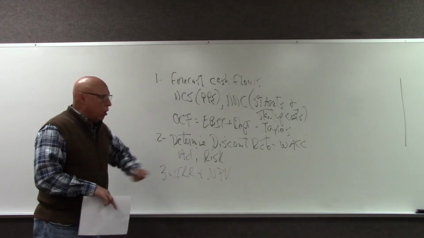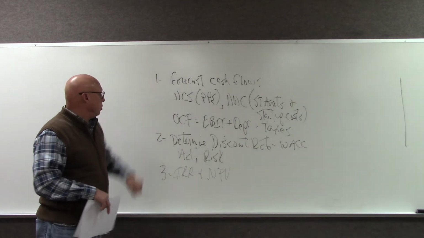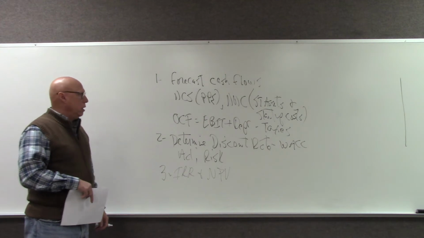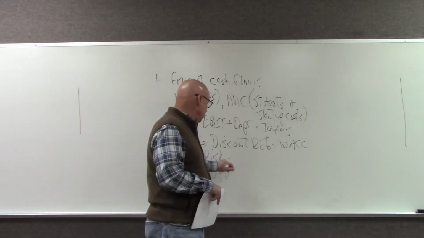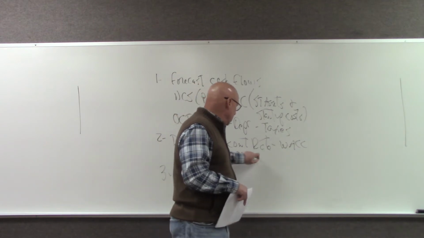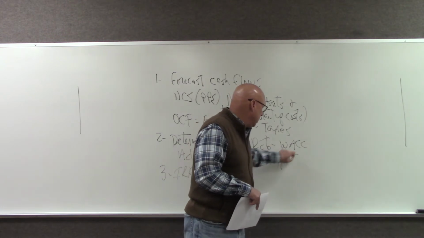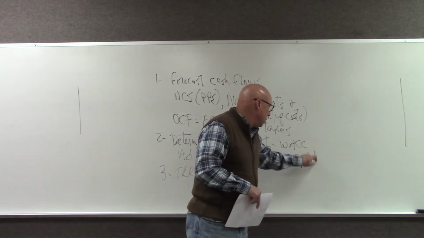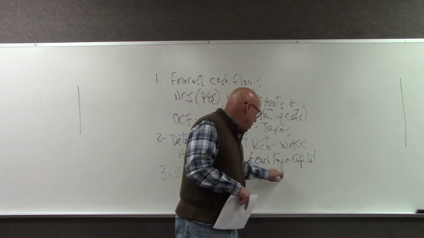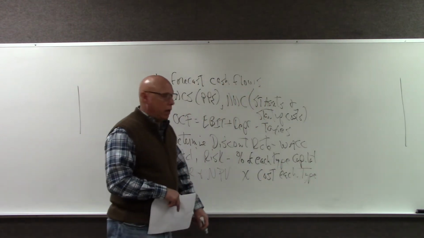So all of our projects are structured the same way. These 3 steps. Okay? And remember, the WACC is the percentage of each type of capital times the cost of each type. Okay?